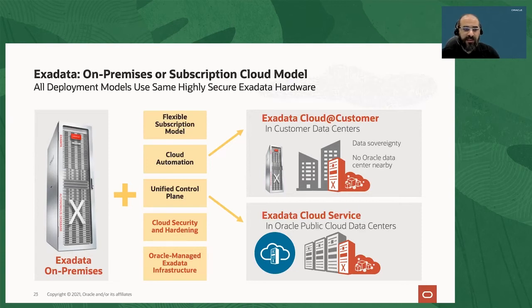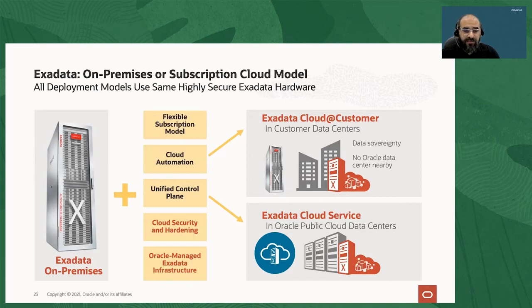You pretty much know about that. You have the cloud automation in the cloud at customer and in the cloud service, which is what we also call the tooling. You have a unified control plane where you have your UI, the user interface that drives your operations. You get the cloud security and all the hardening that comes with these offerings as well.